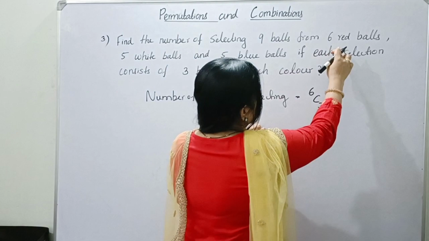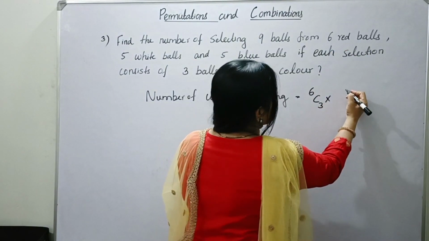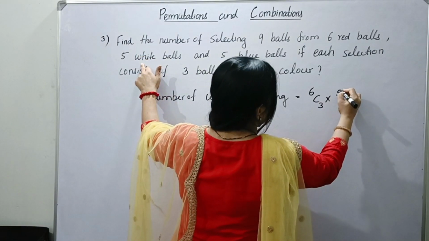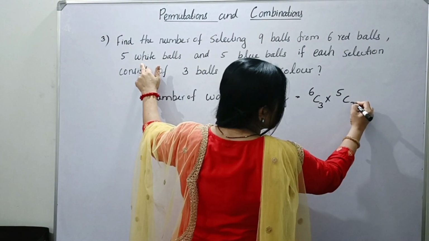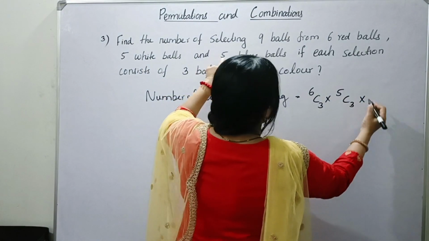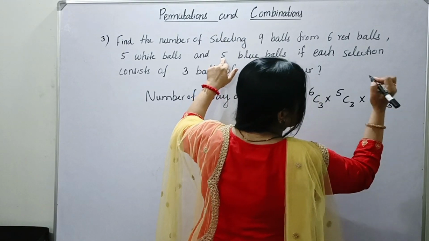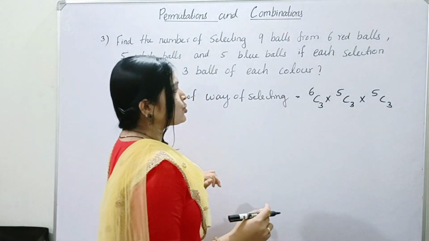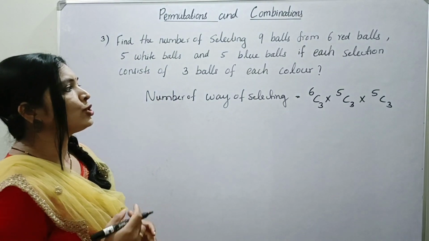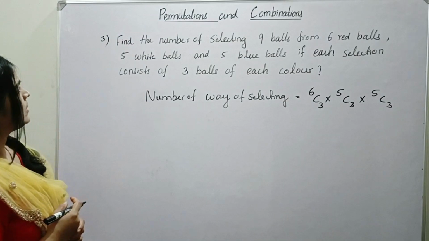Out of 6 red balls we will select 3 red balls, into, out of 5 white balls we will select 3 white balls, into, out of 5 blue balls we will select 3 blue balls. So the combination is 6C3 into 5C3 into 5C3.